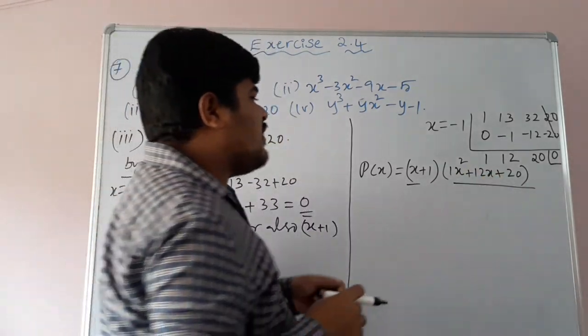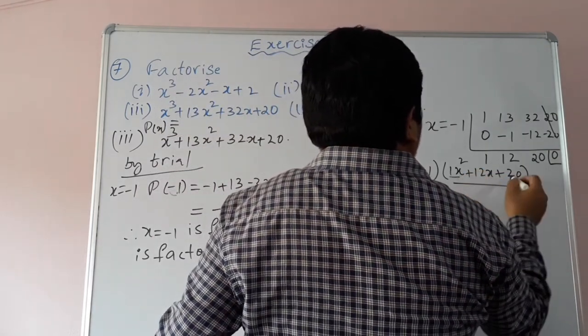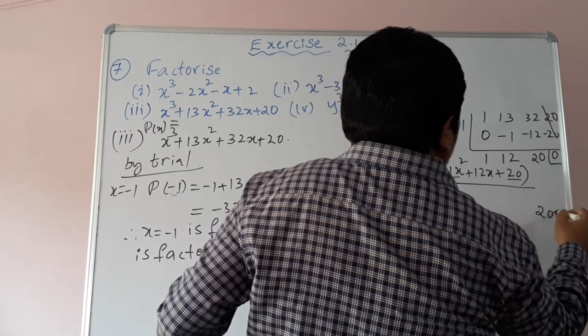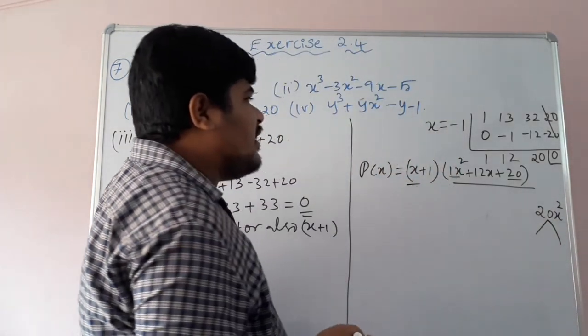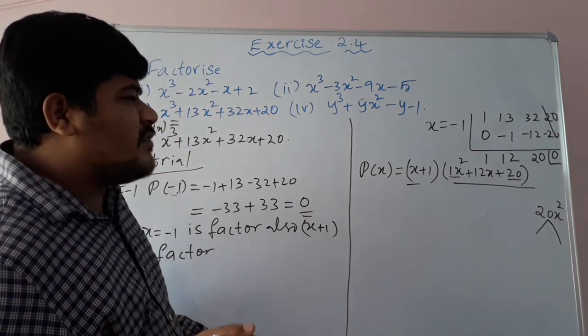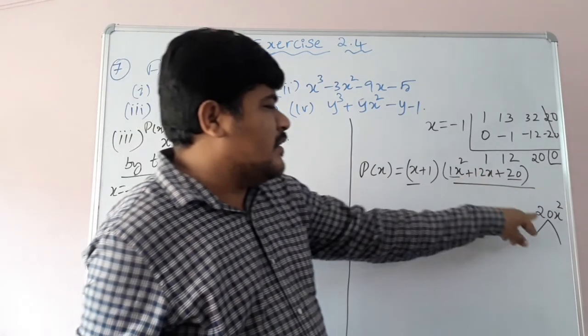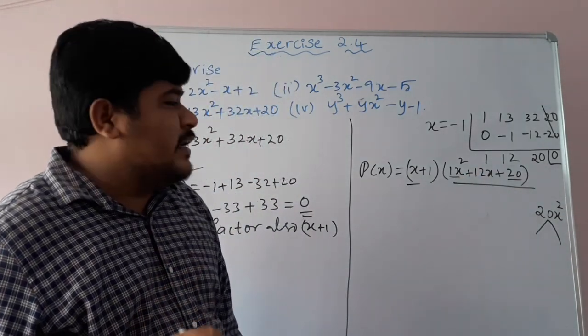How to factorize this? Take the product of the first term and the last term, that is 20x square. Now we have to take factors of 20x square in such a way that either their sum or difference is equal to the middle term. Take the factors of 20: 5 fours are 20, 10 twos are also 20.